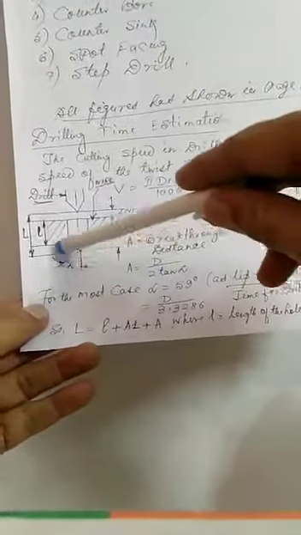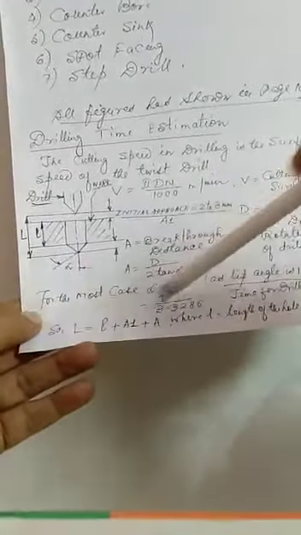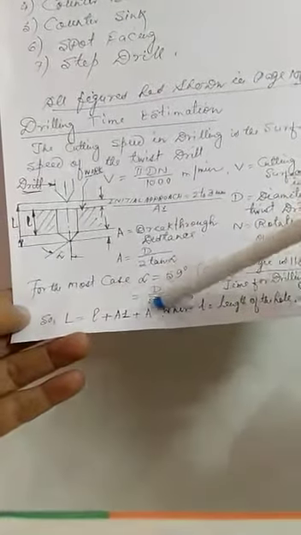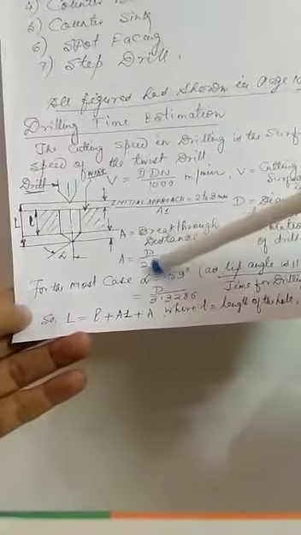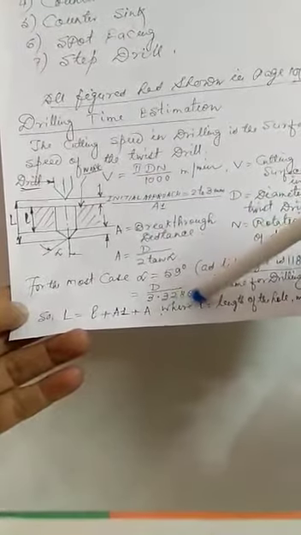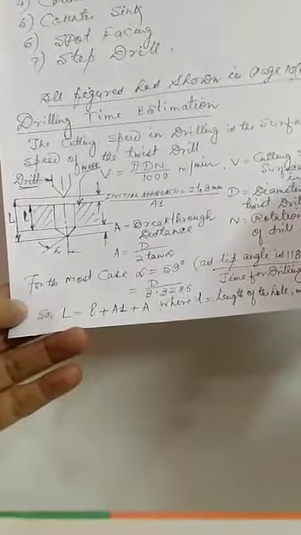And A comes from this case. If alpha is 59 degrees, then A is equal to D by twice tan alpha, which means D by 3.3286. This is the formula, where D is the diameter of the drill hole.